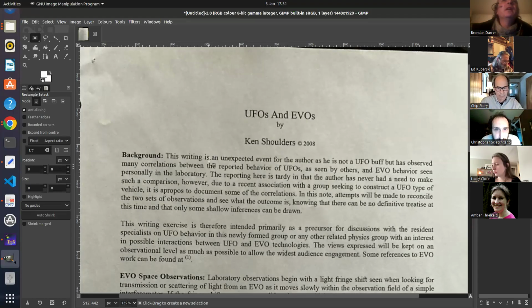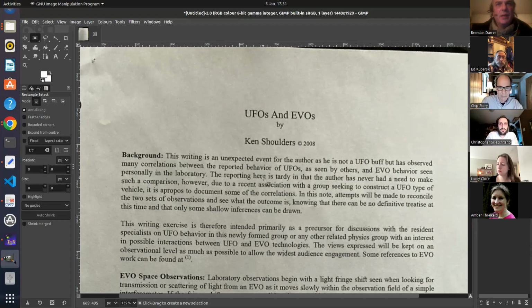This writing is an unexpected event for the author, as he is not a UFO buff, but has observed many correlations between the reported behavior of UFOs as seen by others and EVO behavior seen personally in the laboratory.